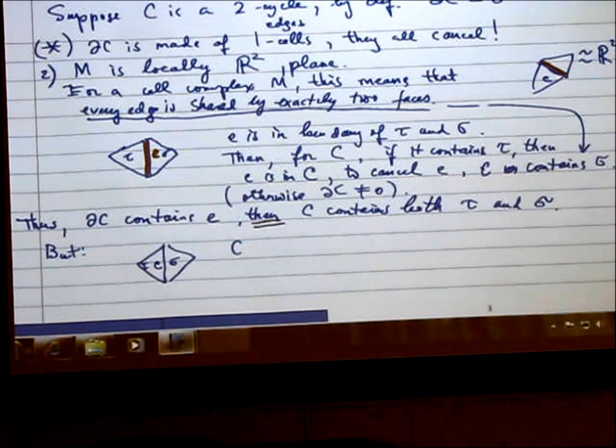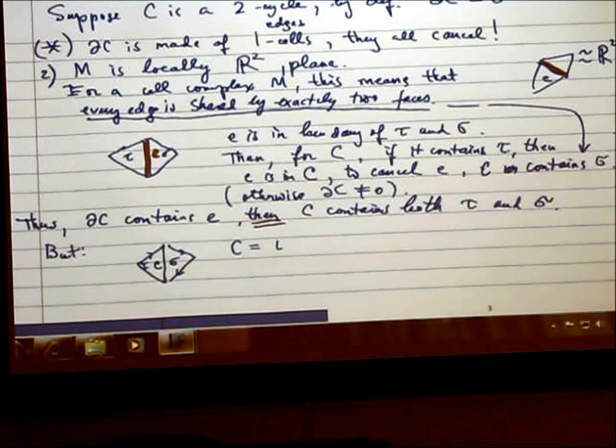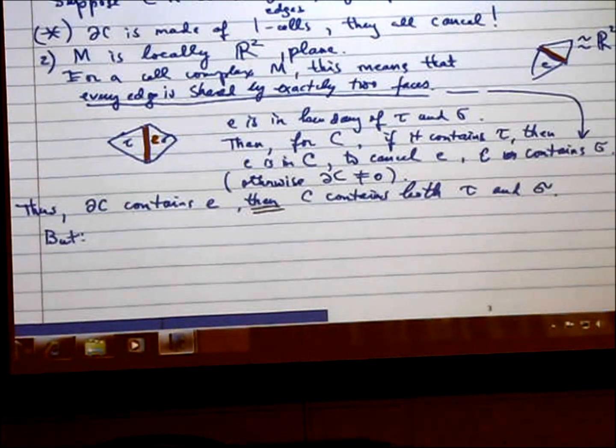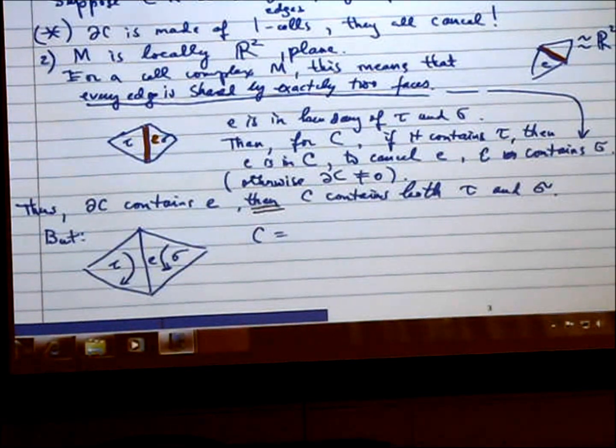Suppose C is equal to tau plus sigma plus something else, with these orientations.